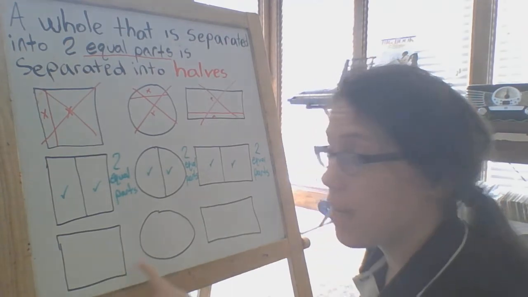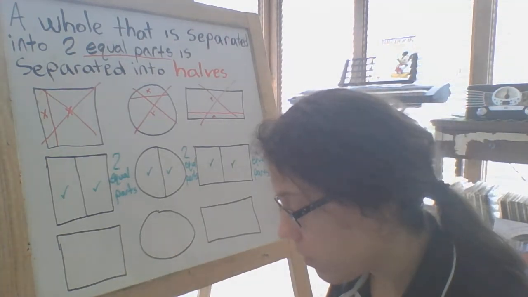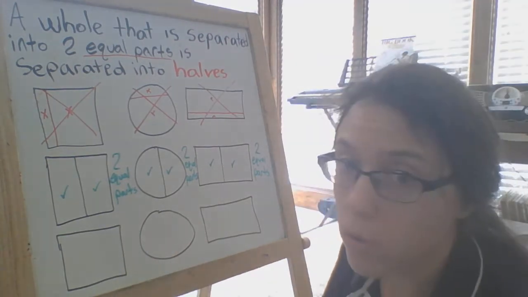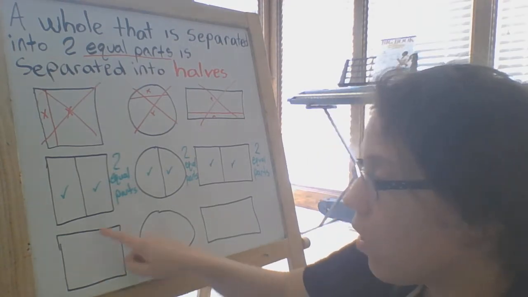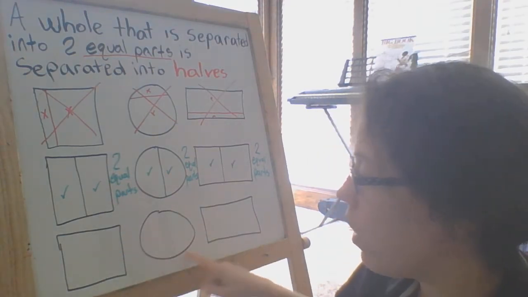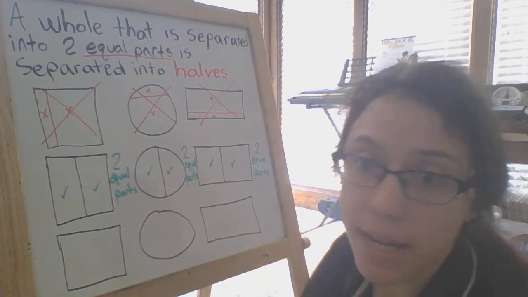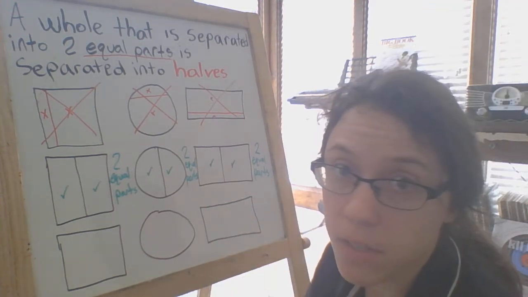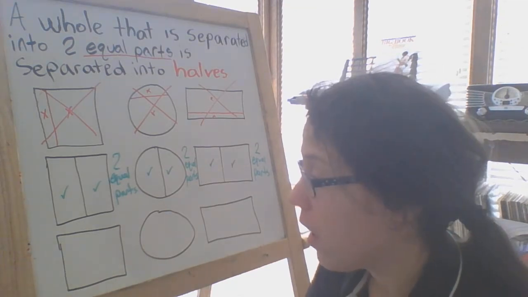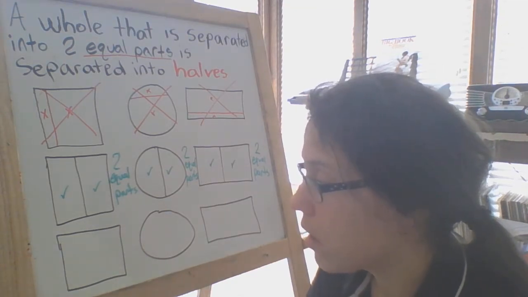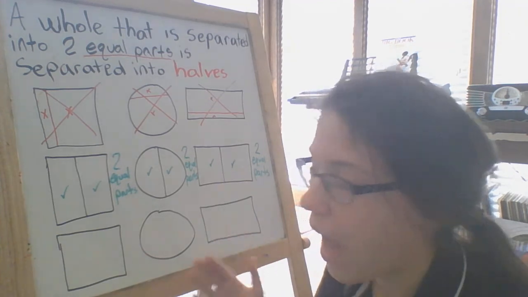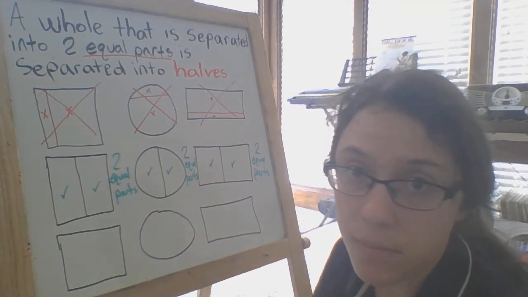Now, I've got down on the bottom here 3 whole shapes. We have one whole square, one whole circle, and one whole rectangle. I'm going to give you a couple seconds right now, and I want you to think, how would you separate this into half?